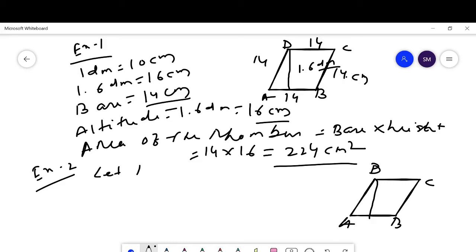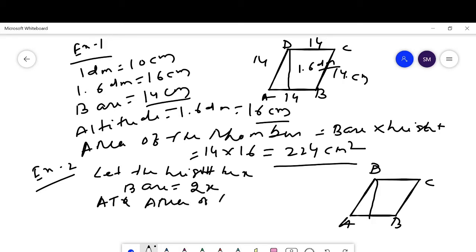Let the height be x. Then according to the question, the base is twice the height, meaning the base is 2x. Then the area of the parallelogram is base into height.